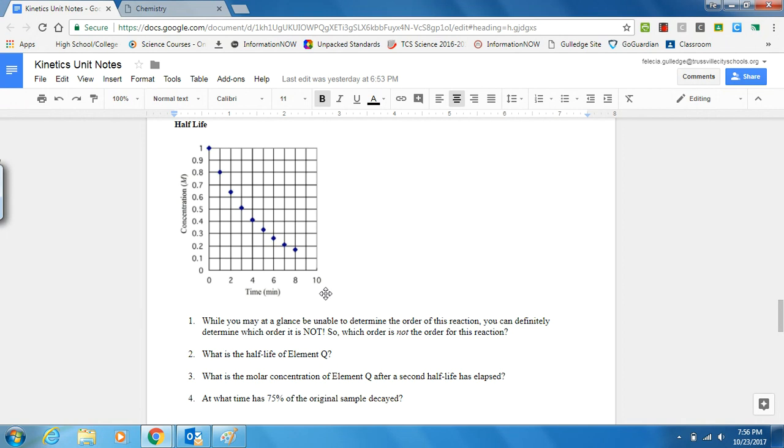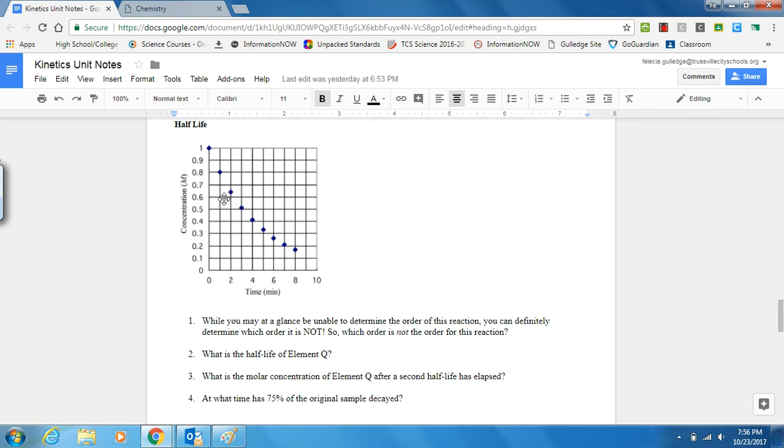It's associated with zero order. And because it is a curve, not a straight line, that tells me it is not a zero order reaction. It might be first order, it might be second order, I don't know, but we know it's not zero order.